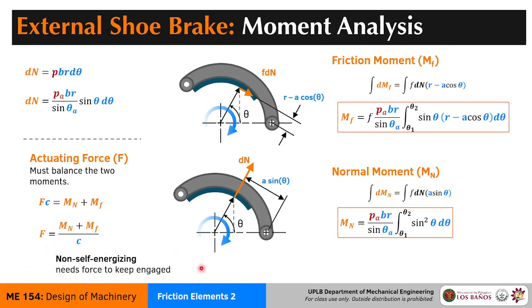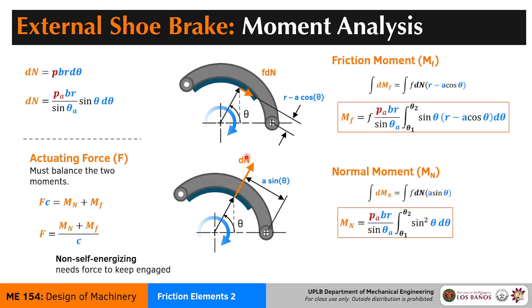We have this label non-self-energizing. So if you look at the frictional force here, or rather the frictional moment here, this moment wants to push the brake away from the drum. So that is what we call non-self-energizing.